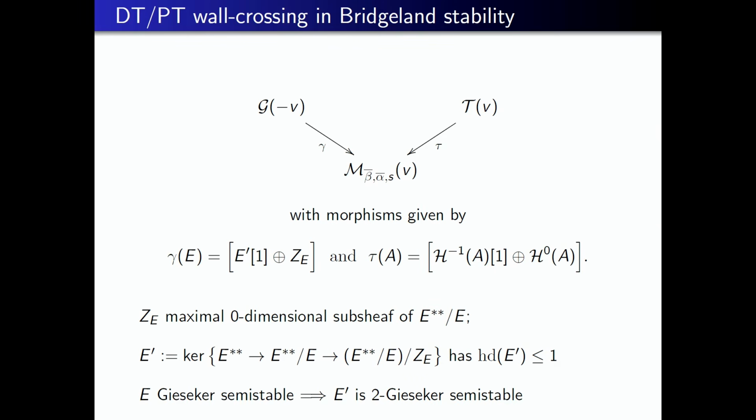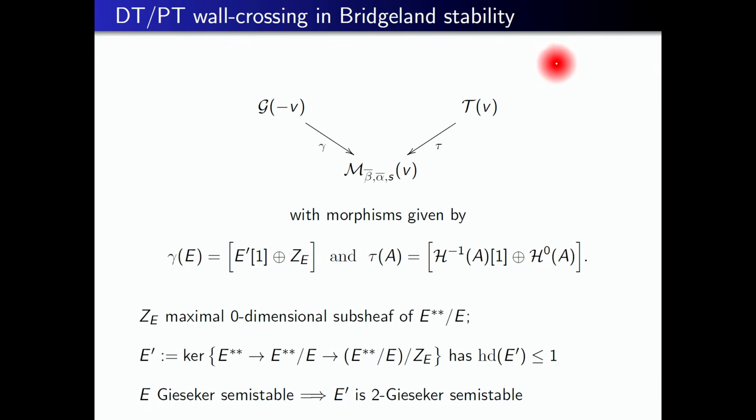Good. Now this is the DT-PT wall crossing. That's what happens when you cross the blue line from the diagram. So on this side, this curly G is the Gieseker moduli space for some fixed Chern numbers.